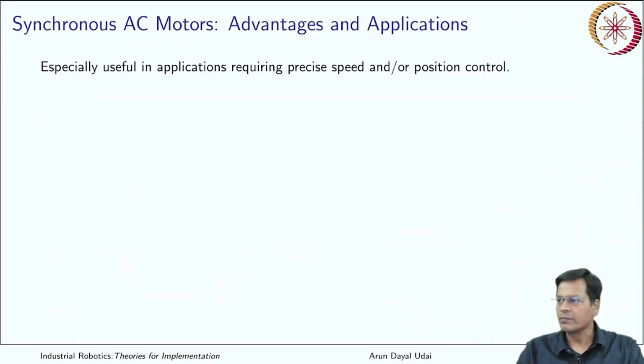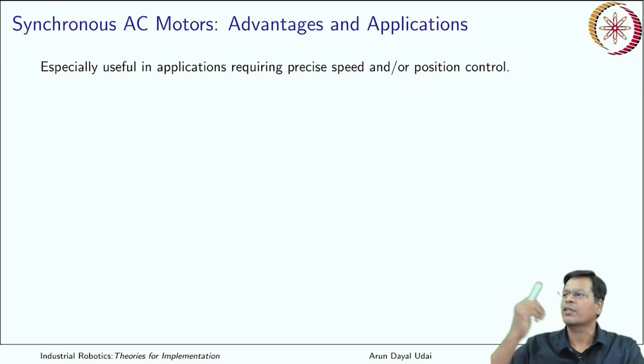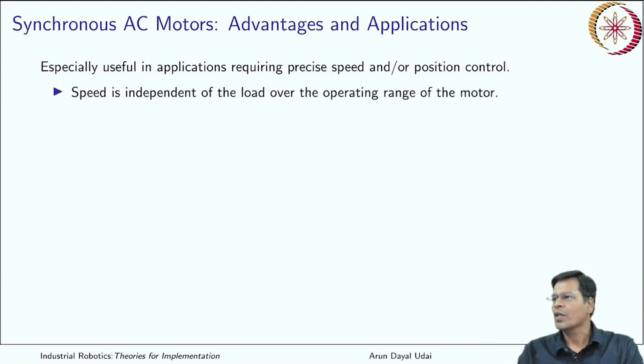So the synchronous AC motor also has some advantages. We'll see it here. It is especially useful in applications that require precise speed, like a robotic arm, which requires precise speed or position control most of the time. Speed is independent of the load. If you increase the load, your speed is not going to vary.